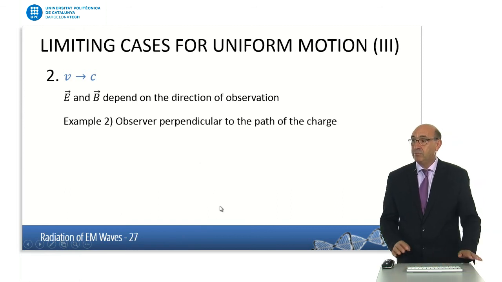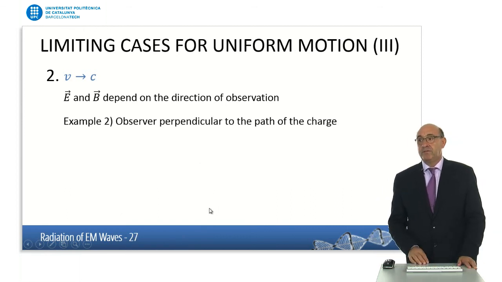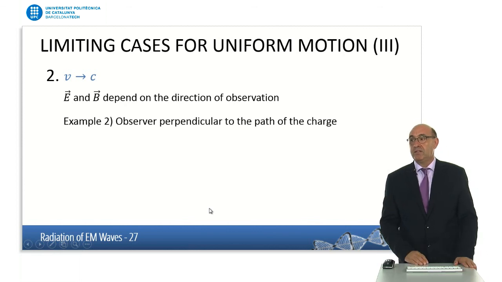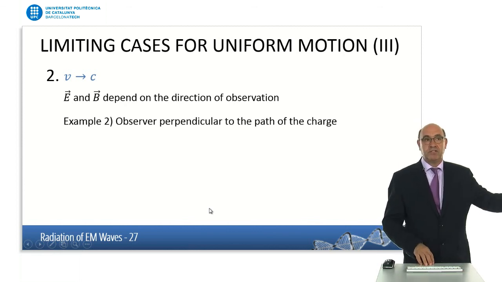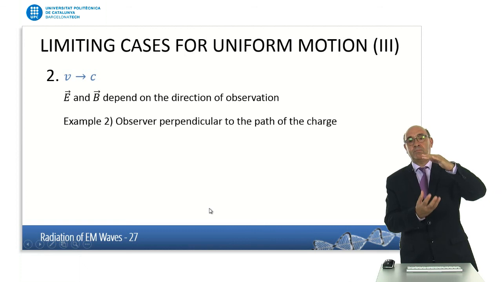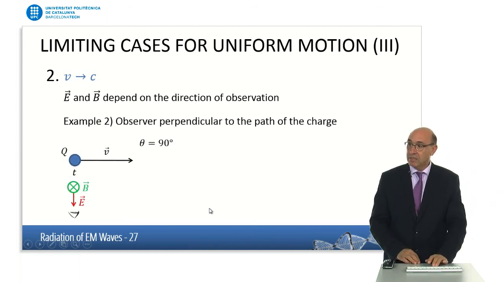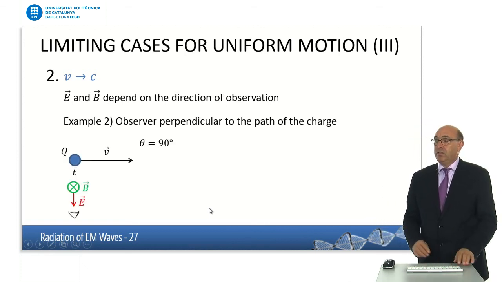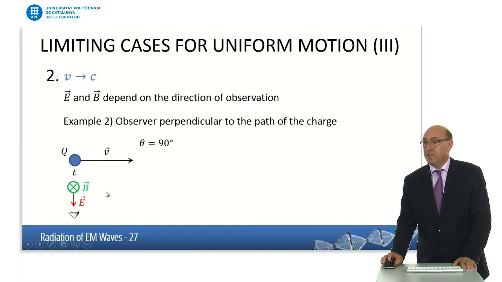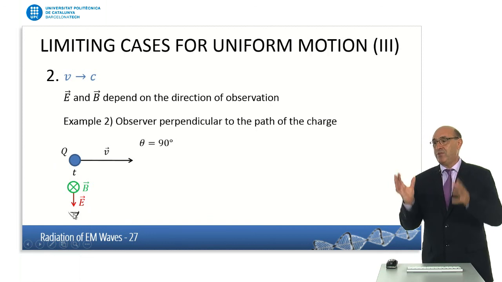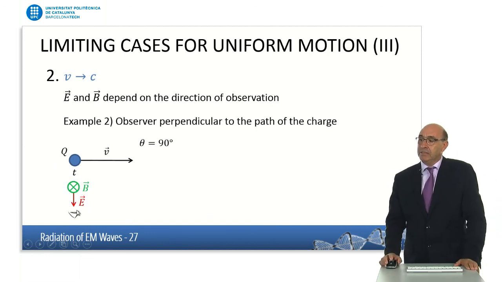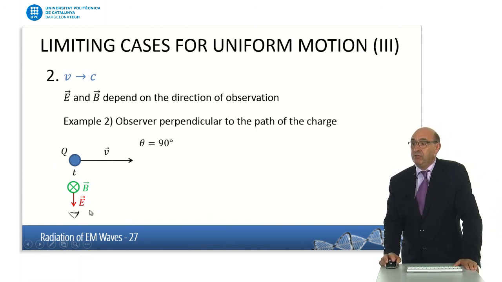The second example is where the observer is perpendicular to the trajectory. It's like the charge going high in the sky, and we look up to the sky and see what happens. This is the plot, this is the trajectory. We are here, represented by our eye, just watching these fields and trying to understand this phenomenon.